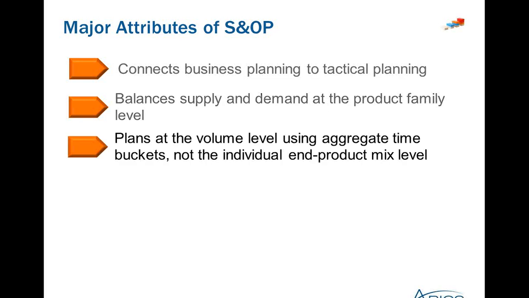As we plan, we're going to plan at the volume level as opposed to the individual end product mix, because we just want to see where we're going from a rate base. Where can we fit that? So each family is going to have its production plan by volume, and then again it will be tested against the resources that we have available in those particular periods. S&OP is done on a monthly basis, and it's in monthly buckets for each family.